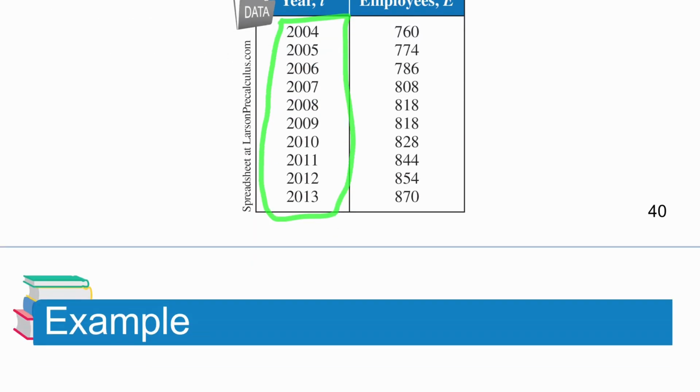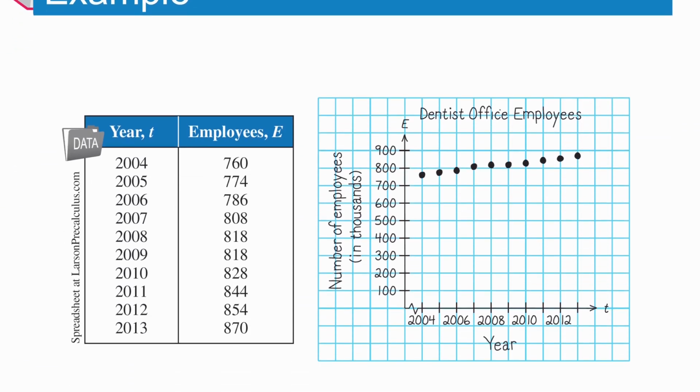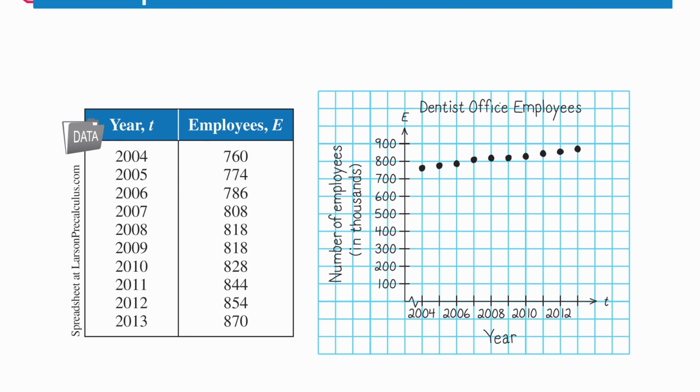So when we plot these, and this indicates that, hey, I'm not starting at zero. I'm starting at, like, maybe this is like 2003 because this is 2004, and this is 2006 and 8 and 10 and 12. And then I've also written on here that this is in thousands so that we know that this is our number of employees, but it's in thousands.